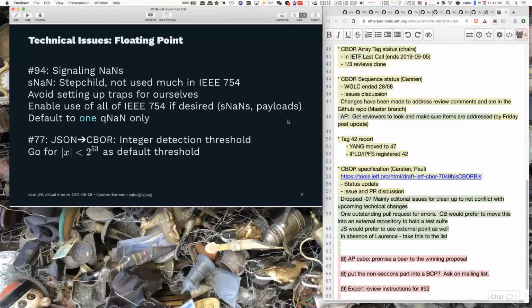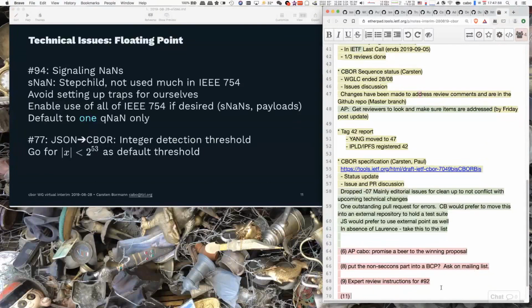To me, that is sounding like the core document should say should on the QNaN, and the BCP should talk about cases where that's not true. Does that make sense?